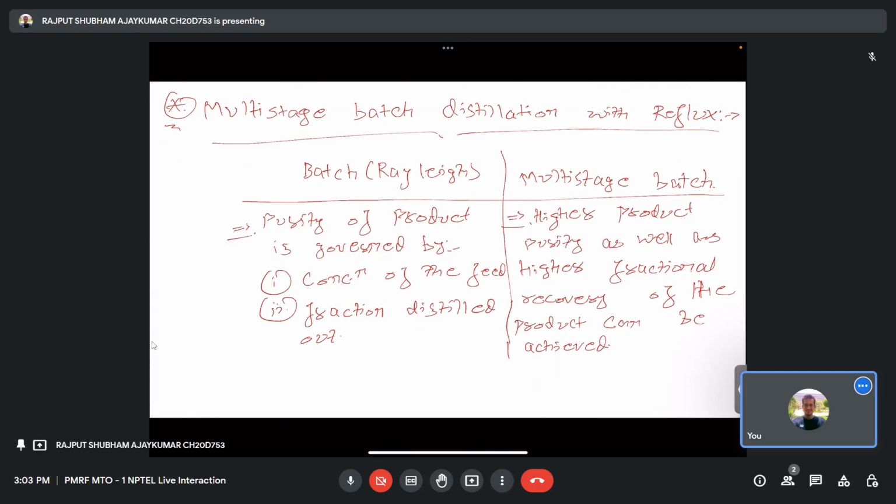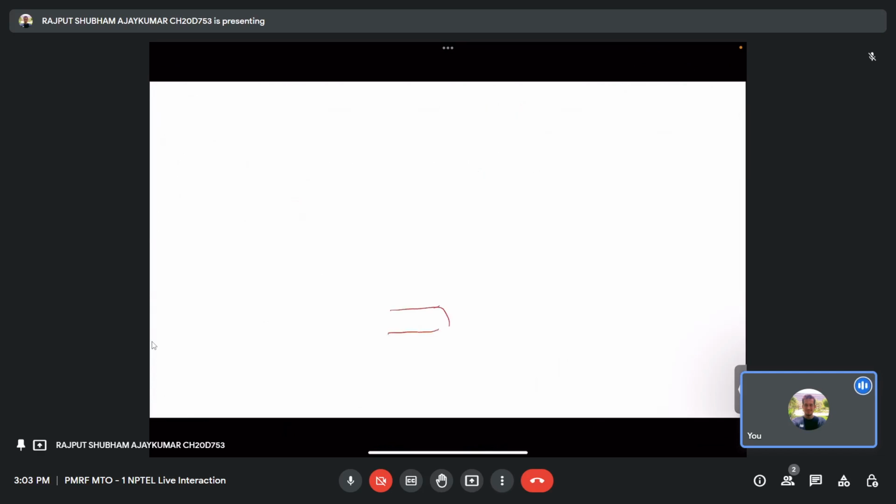So if I draw a batch distillation column, it has a pot, there will be some steam flowing, and the condensate will come out, and there will be a column on top of this.